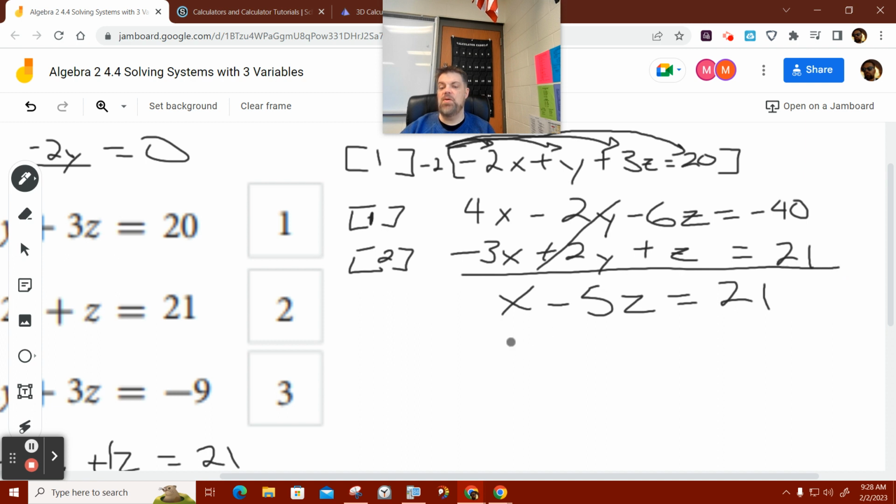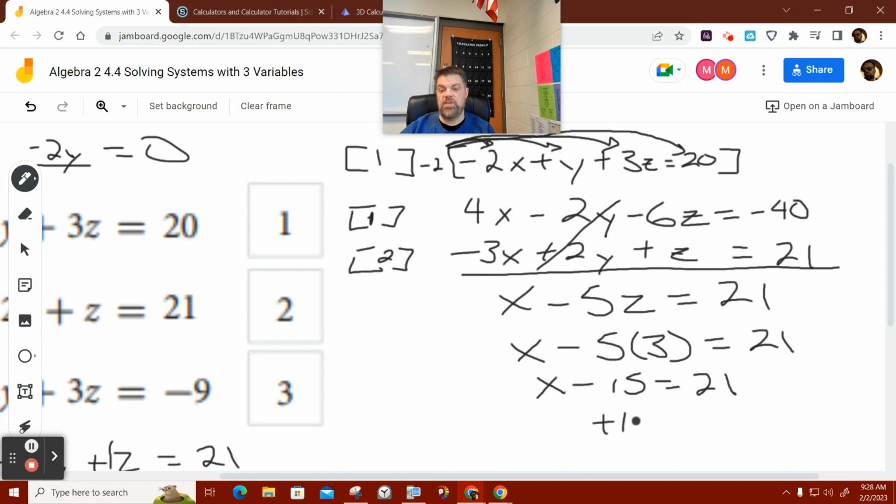But we know that z is equal to 3, right? So that becomes x minus 15 equals 21. If I add 15 to both... wait a second. I forgot to subtract the 40. I caught it.